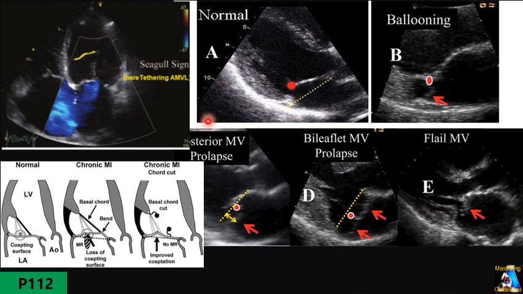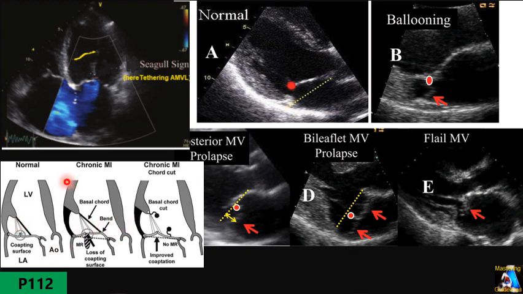Since I am here, I want to explain another term they use a lot. I want to make it clear for everyone. That is tethering. Tethering, in short explanation, is bulging. That's it, very simple. Here in the normal coaptation plane of the mitral valve leaflet, it is almost flat or a little straight, but not bulging out or bulging in.